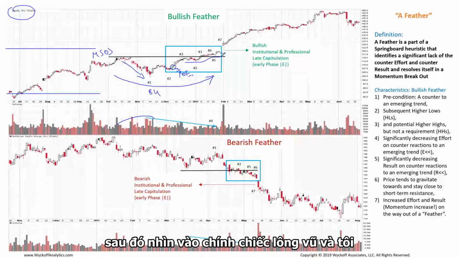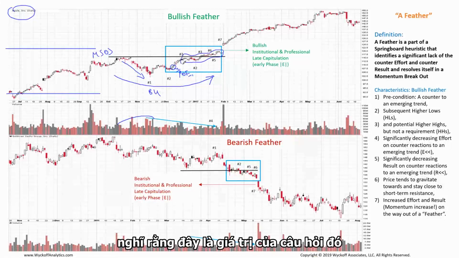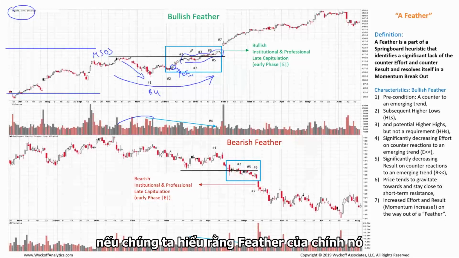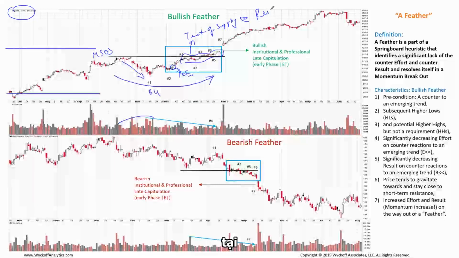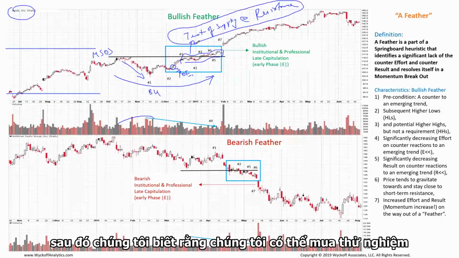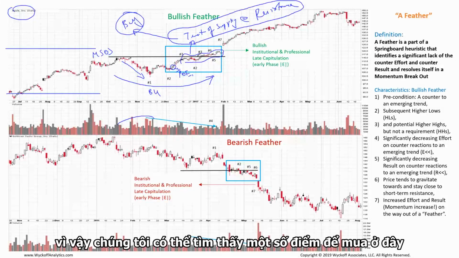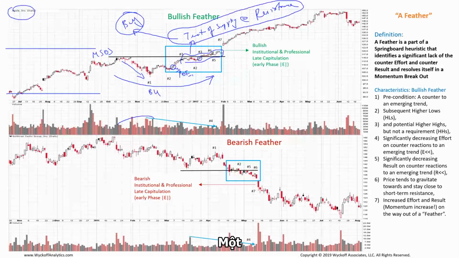Then looking at the feather itself, and I think this is the value of that question, how do we trade it? If we understand that feather by itself is a test of supply at the resistance level, then we know that we could buy the test. So we could find some spots to buy here, 1, 2.